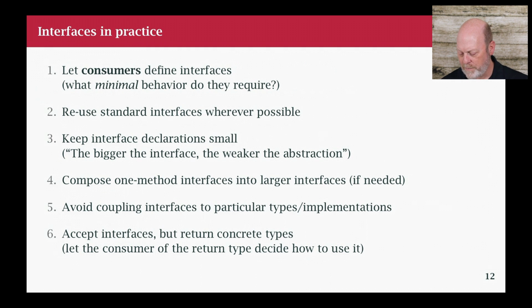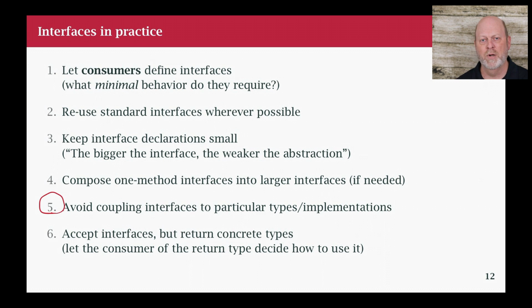All right. Now, 5 and 6 are a little different. 5 is more a general issue in object-oriented programming, right? I want my interface to describe abstract behavior, and I want to avoid putting things into my interface that tie it to a particular implementation. The purpose of an interface is to describe abstract behavior, and the more abstractly we describe it, the more useful it is.